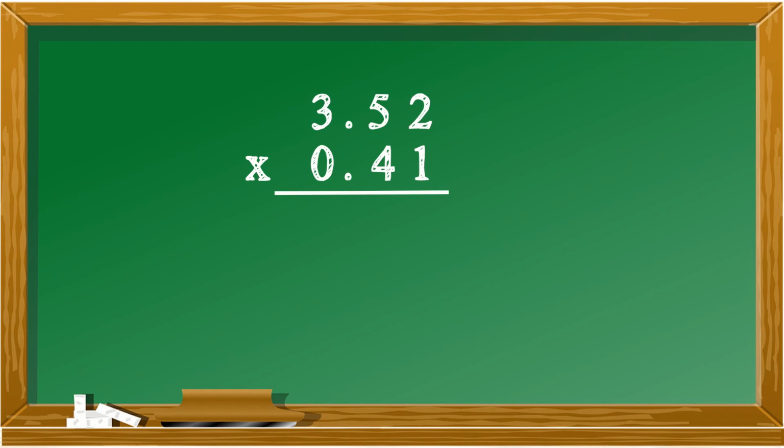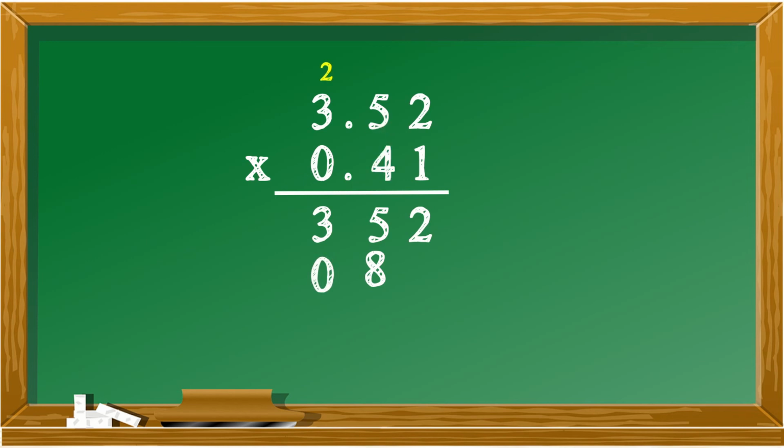So let us start in the number 1. 1 times 2 is 2. 1 times 5 is 5. 1 times 3 is 3. And then proceed to 4. 4 times 2 is 8. 4 times 5 is 20. Carry 2.